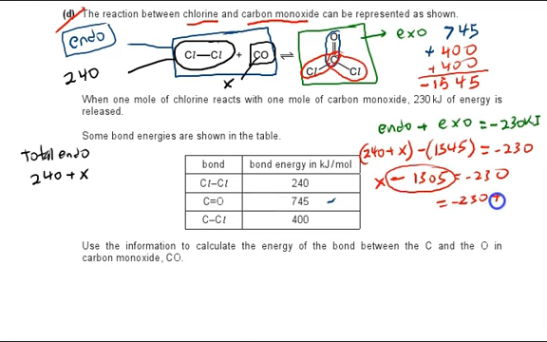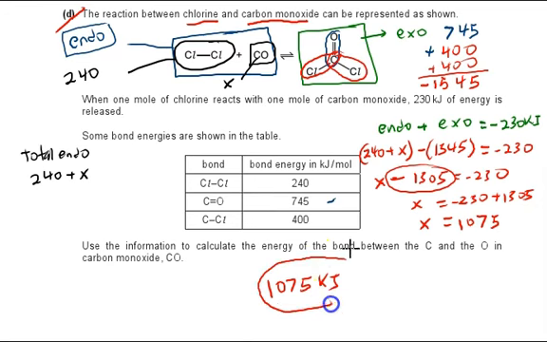We are going to get a plus of 1305. So the total of X will be 1075. So the answer here will be 1075 kilojoules. I hope you understand this, and don't forget to add per mole. So this is your answer, and this is the solution.